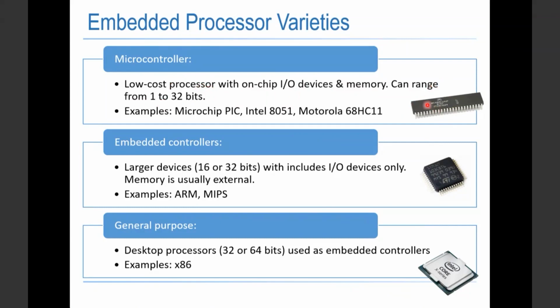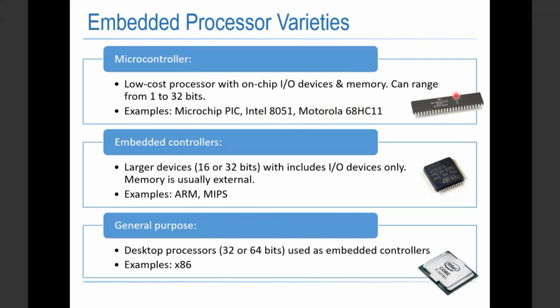This microcontroller needs to have I/O and memory inside the chip in order to make it work. Examples of a microcontroller are the Microchip PIC, the Intel 8051 or the Motorola 68HC11.